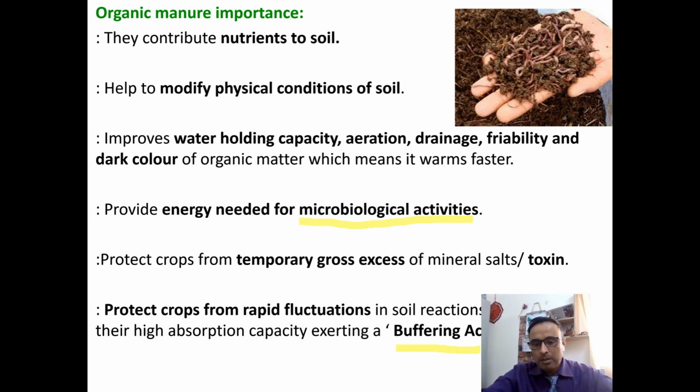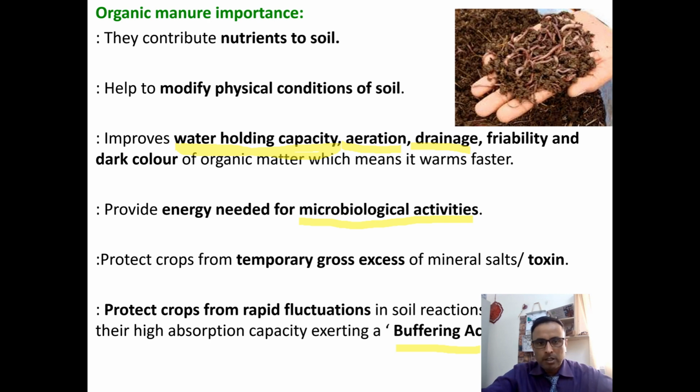It is very important to note that organic manure also improves the soil texture. Soil texture is improved by constant adding of organic manure. It helps improve the water holding capacity of the soil. Water retention is improved in the soil, so that if the water retention is more, more water is available for the plants. Aeration of soil is improved. Drainage properties of the soil are also improved, and if the manure is constantly added and earthworms are present, it can help in generating humus also, which will give the dark color to the soil.